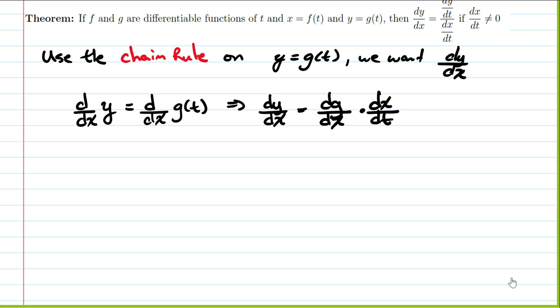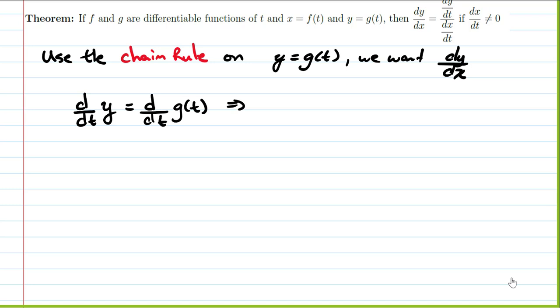And that's by our chain rule. Oh, I wrote this down wrong. I'm differentiating with respect to t, not with respect to x.